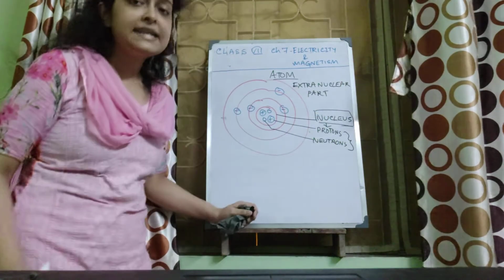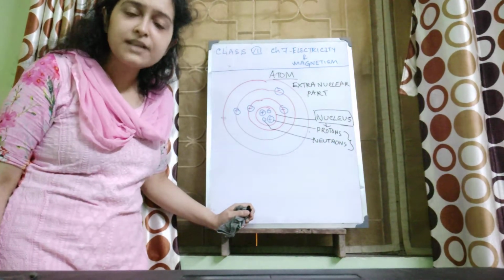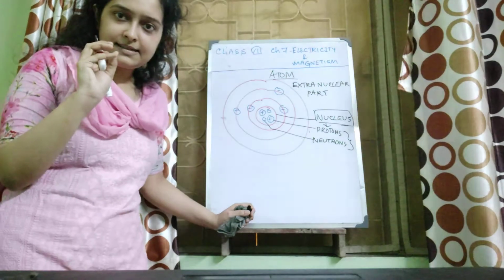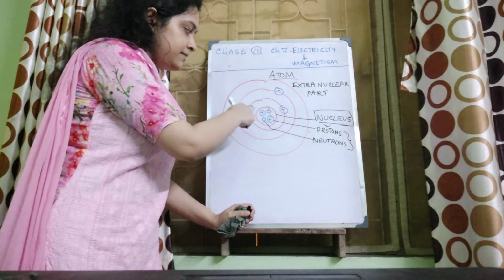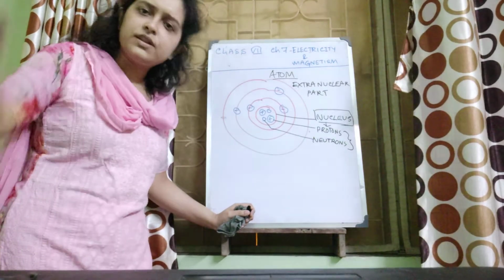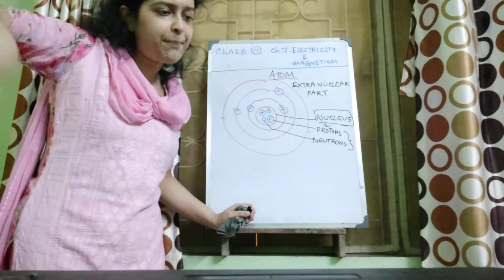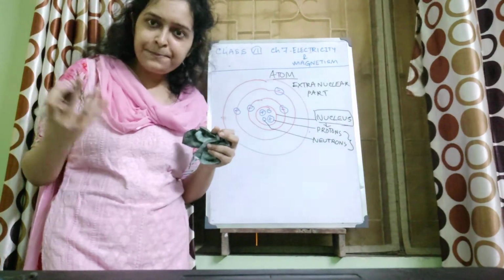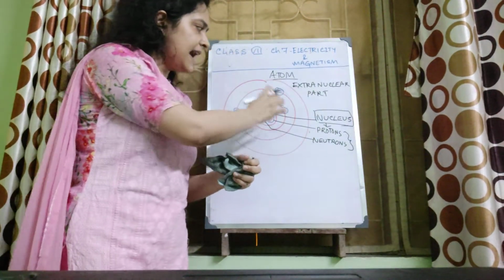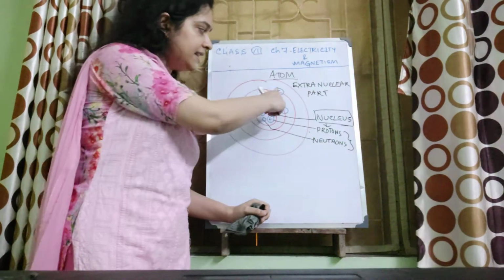What type of particles do we have in the extranuclear part? We have particles which carry negative charge and they move around the nucleus in certain paths. Just like the planets move around the sun, these particles carrying negative charge, can you see the negative charge?